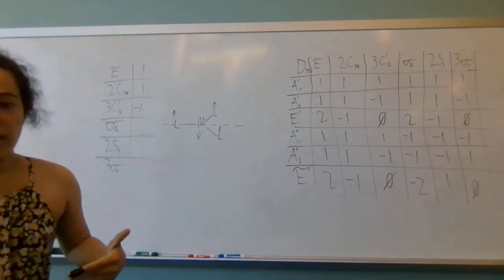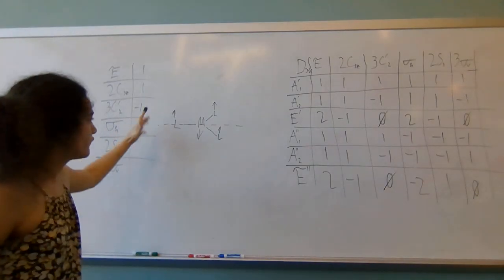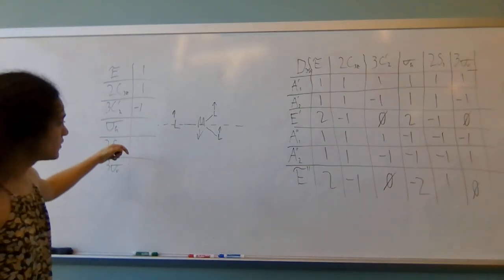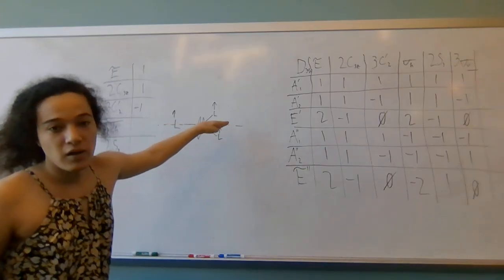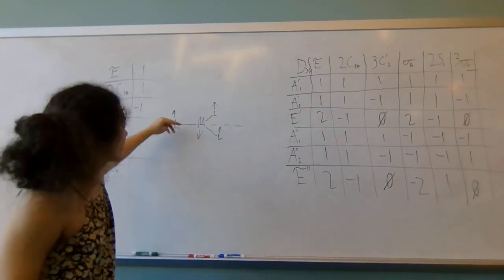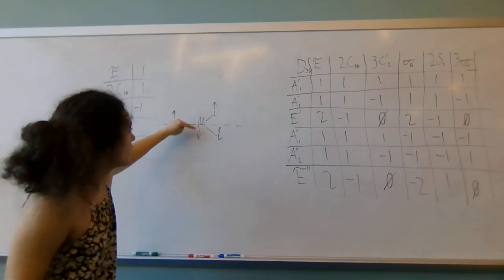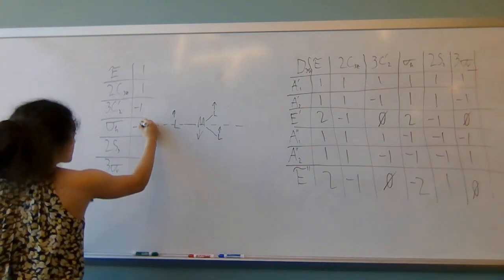Now -1 indicates phase change. In this case, that means the arrow is flipping. Sigma H, once again, we're cutting through the plane of the molecule. So that's going to reflect these arrows so that they go the other way, and the metal goes up now. So that's another -1.